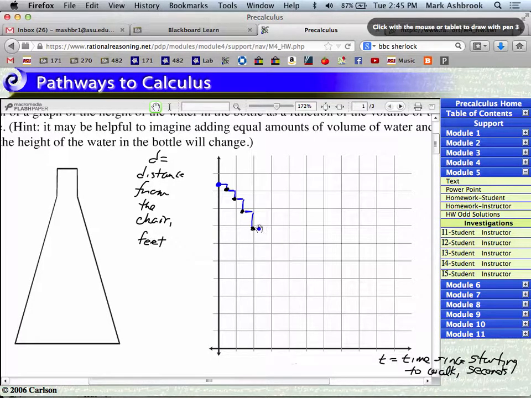Are those increasing or decreasing changes? They're getting more negative. Are the changes getting more negative? Yes. And a sequence of values that get more negative, are those increasing or decreasing? Decreasing.